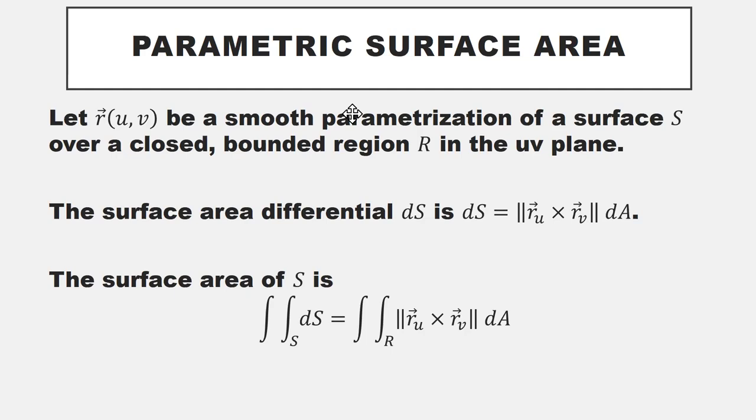So one of the nice things about parametric surfaces is that we can use this parameterization to find surface area. So let's say we have a parameterization that is smooth of a surface over a region which is closed and bounded in the UV plane.